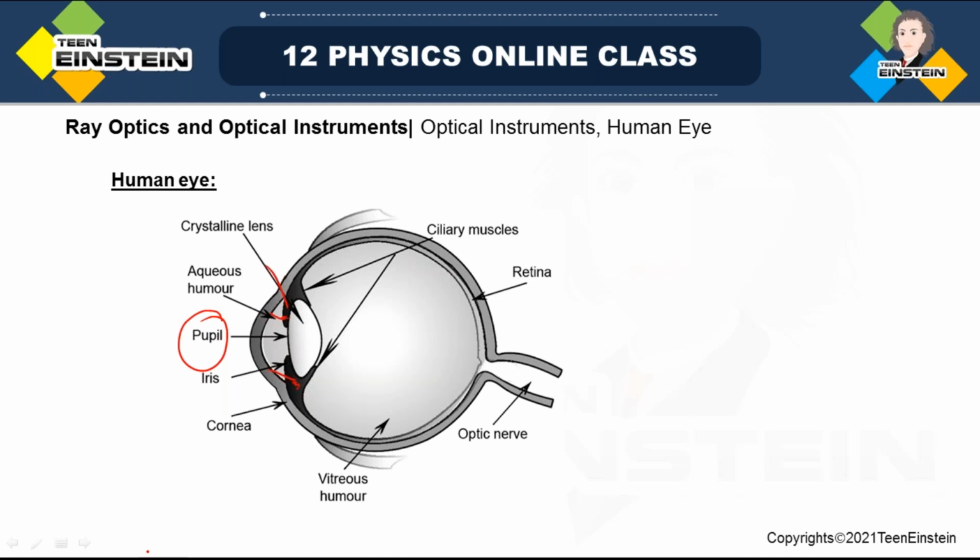Now we'll see the iris and the muscular action. The size of the pupil becomes smaller and smaller in brighter light and larger in dim light.